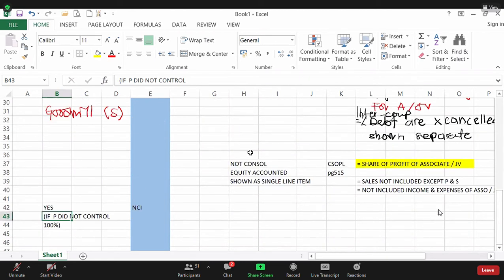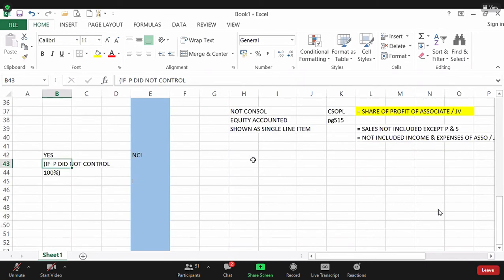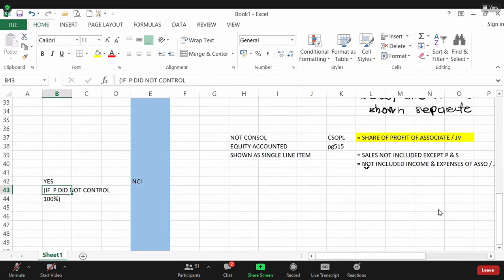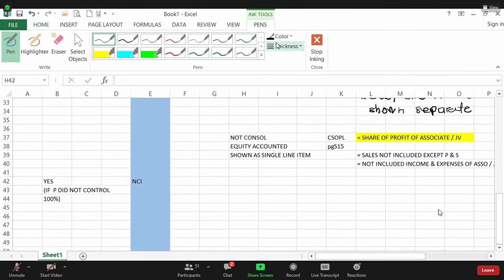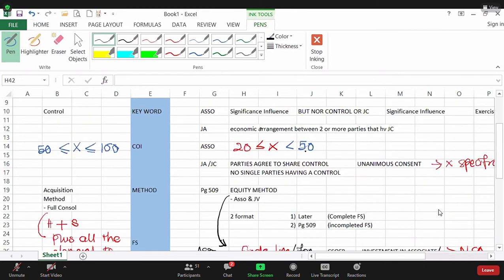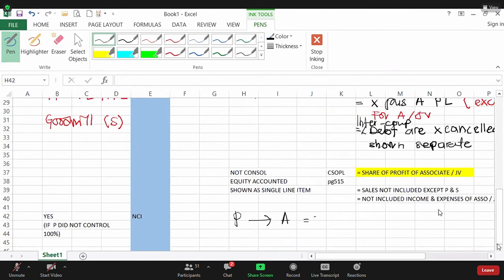What about an associate? Let's say the parent has an interest in an associate. The minimum percentage is between 20 to 50, correct? Let's say I take 25%.